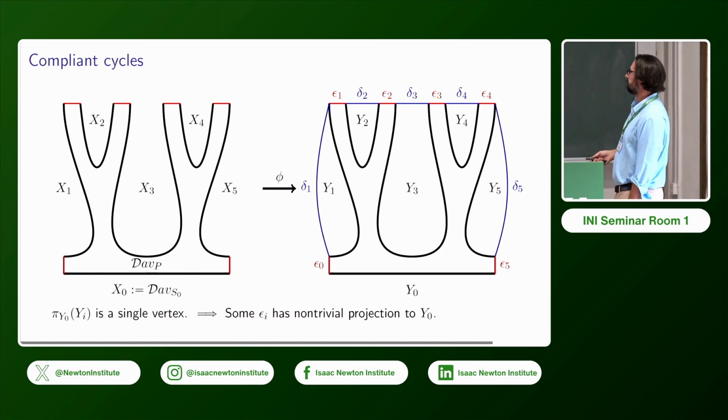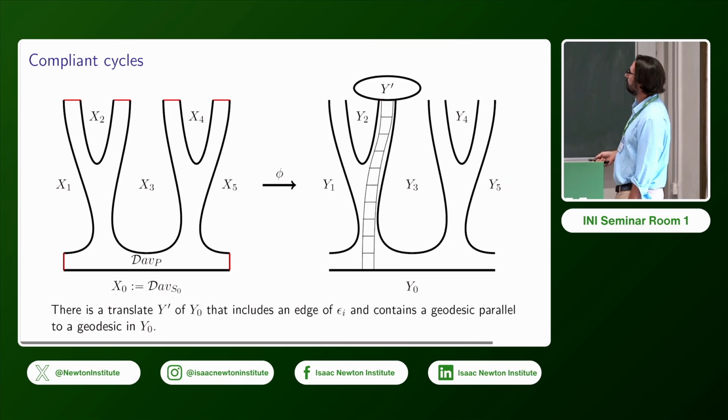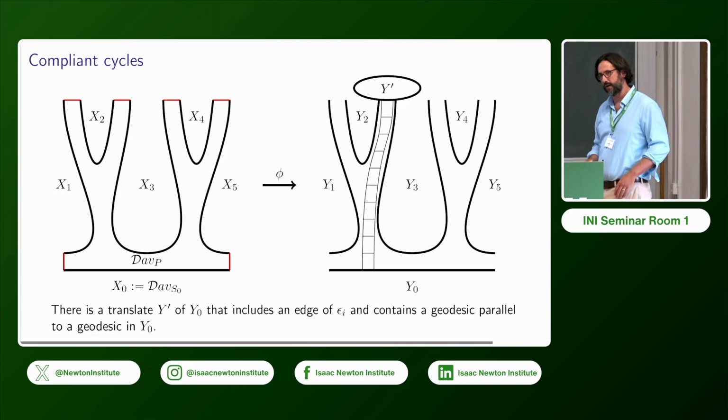So some epsilon I has non-trivial projection, which means it has an edge here that's parallel to an edge of Y0. So there's a whole chain of squares connecting them, where all of the horizontal edges are labeled by the same generator, and then the vertical edge commutes with that.